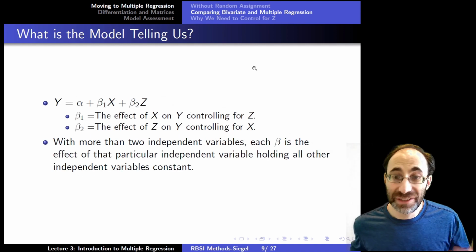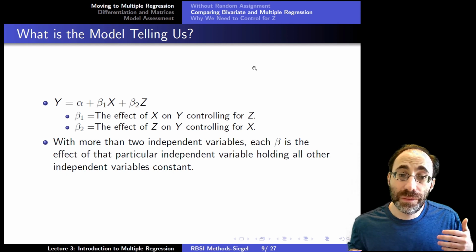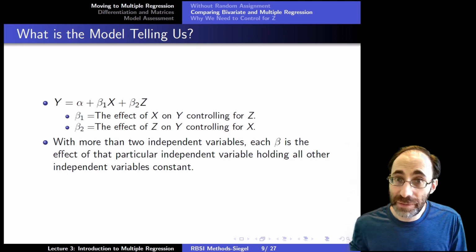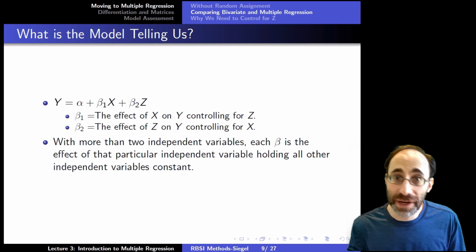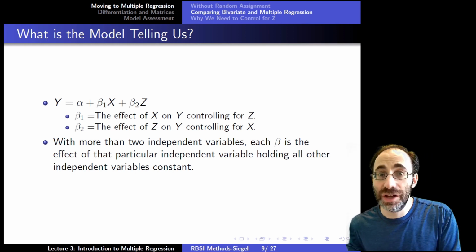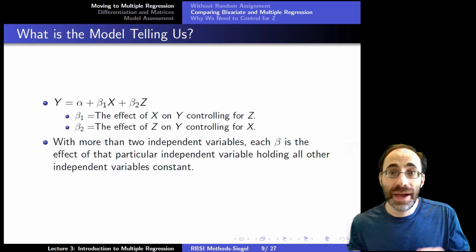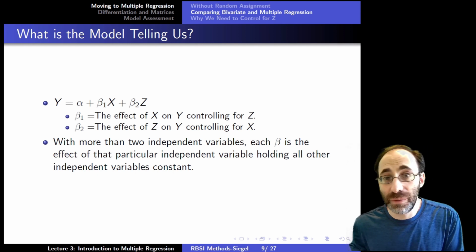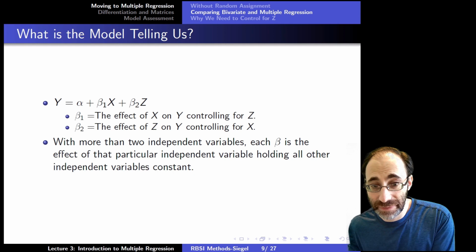So to repeat, and I'm repeating this a lot because it's important, if y equals alpha plus beta 1 times x plus beta 2 times z, then beta 1 is the effect of x on y controlling for z, and beta 2 is the effect of z on y controlling for x.